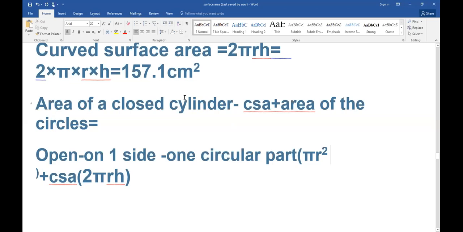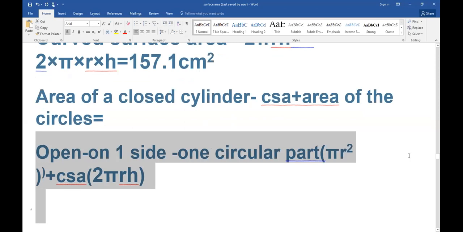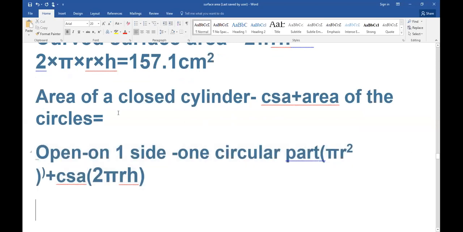So for the area of a cylinder which is open on one side, you have one circular part which is found by pi r squared, plus the curved surface area, which is still 2 pi r h.